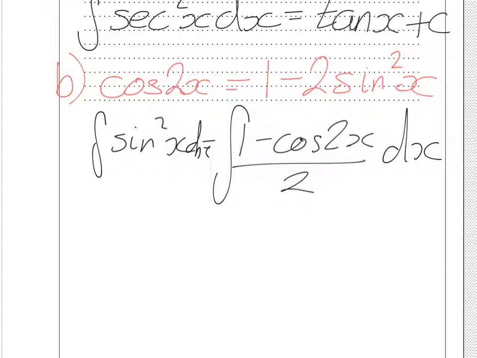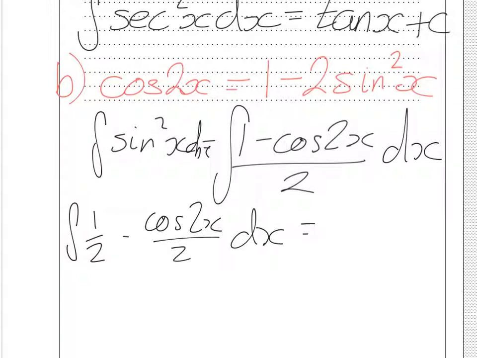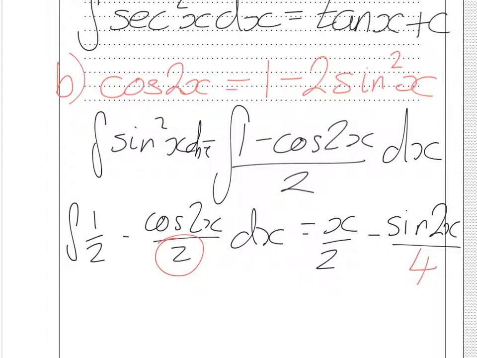It might be easier to think of it as integrating half minus cos 2x over 2 with respect to x, which integrates to x over 2 minus cos integrates to sine, because it's 2x, we divide by 2 when we integrate, so that's plus sine 2x over 4, and don't forget the constant of integration. I'll squeeze it in down there.